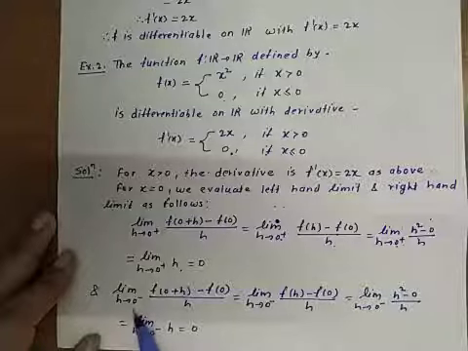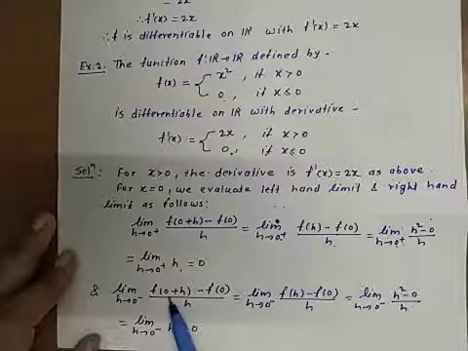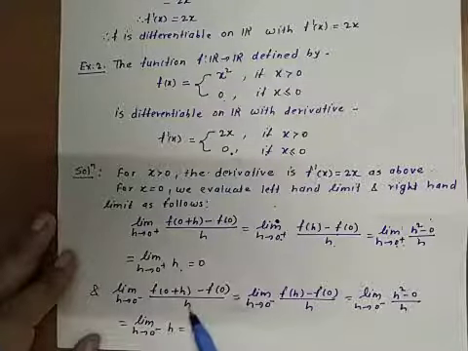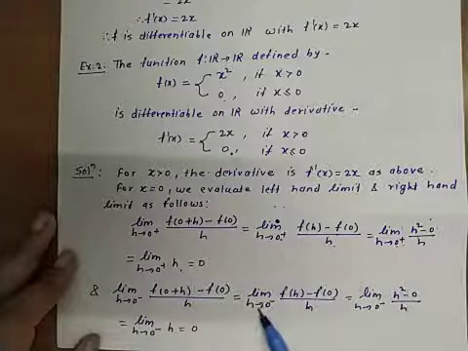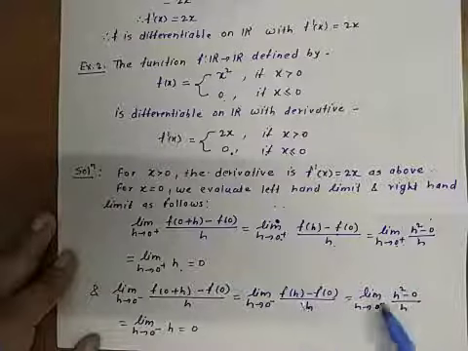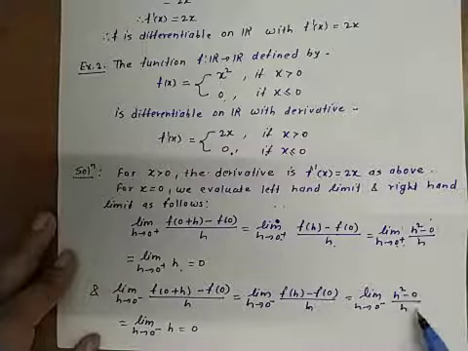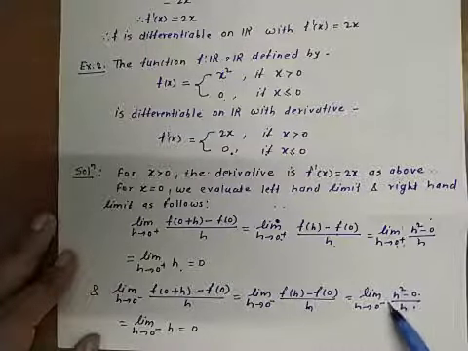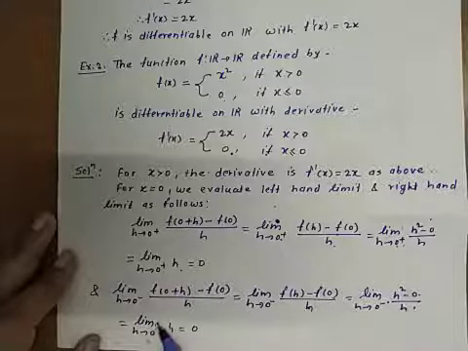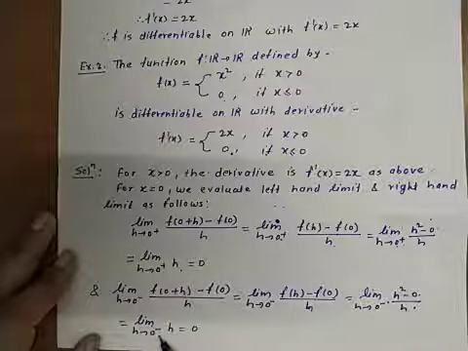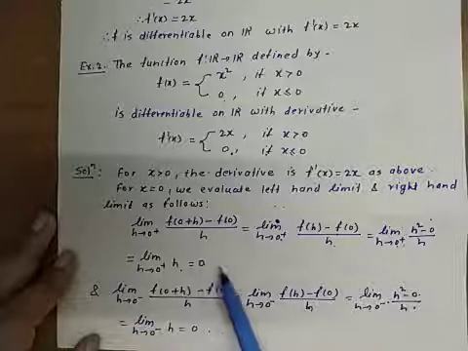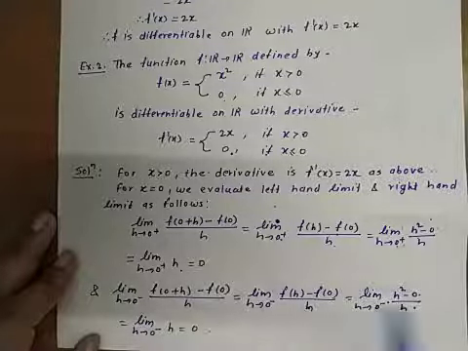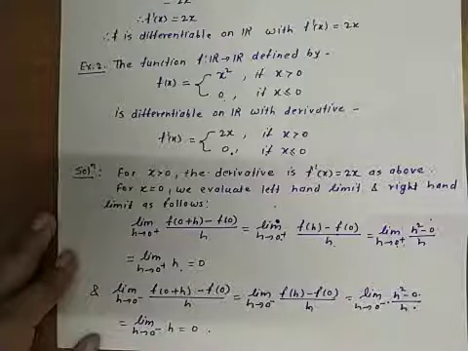Similarly, the left hand limit, h tends to 0 minus, of f of 0 plus h minus f of 0 upon h, that is f of h minus f of 0 upon h, as h tends to 0 minus. f of h is h square, f of 0 is 0. One h will get cancelled here, and we get limit of h as h tends to 0 minus, which is equal to 0. Okay. What we get? Left hand limit is 0, right hand limit is also 0, means both limits exist and both are equal.